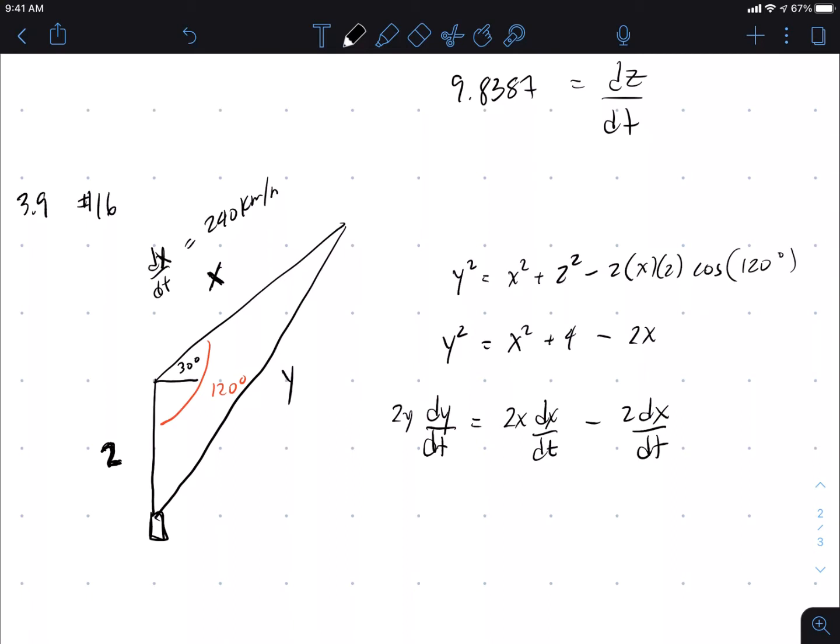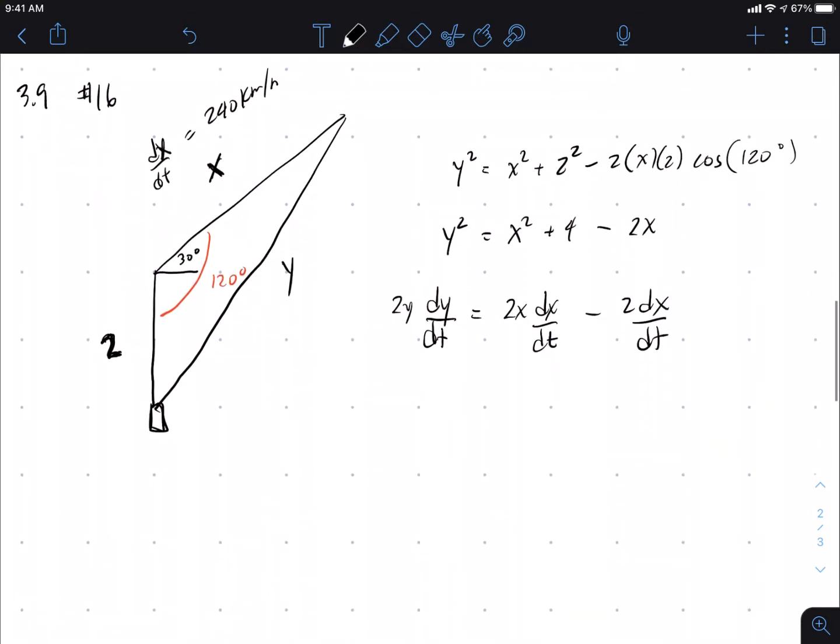We know dx/dt, don't we? What we need to find now, and this is where the thing gets a little bit tricky, we need to find out what x is in terms of distance after 1 minute, right?